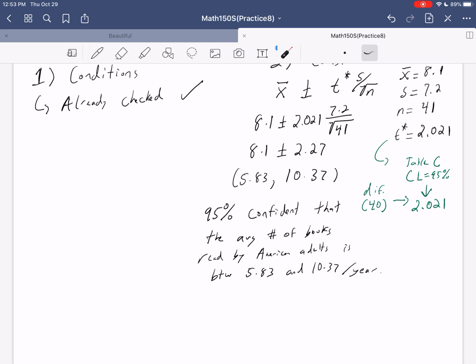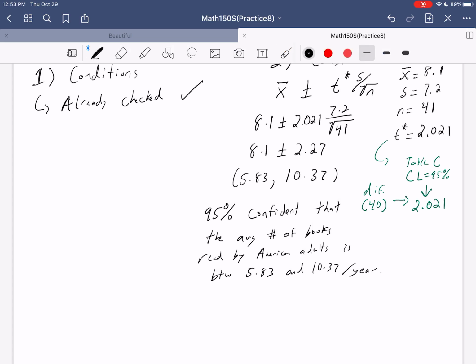Because we're saying, based on our information here, that averages from 5.83 up to 10.37 are all believable. So that average back from 2000, 9.5, is a believable value. So there was no reason to throw it out, which is why in part A, we failed to reject H0.